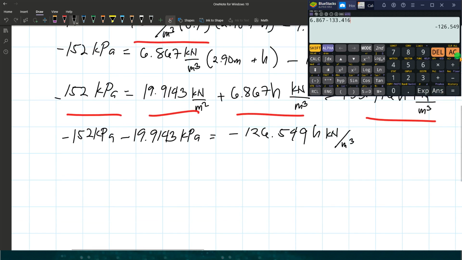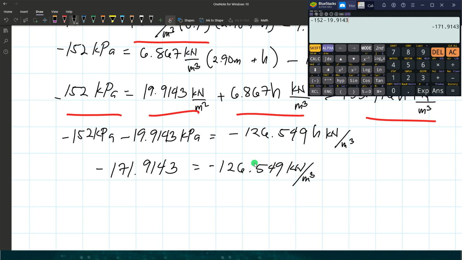Subtract negative 152 by 19.9143, negative 171.9143 equals negative 126.549 kilonewtons per cubic meter to be multiplied by H.